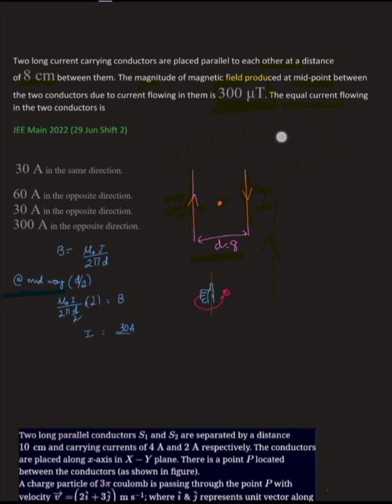If a current is flowing through an infinite wire conductor and they ask the magnetic field at a distance d, the value will be mu naught I divided by 2 pi d. This is the normal formula.